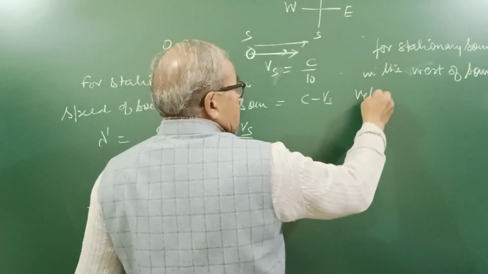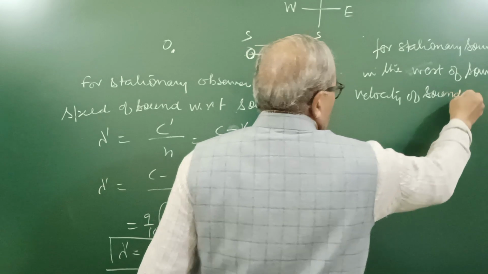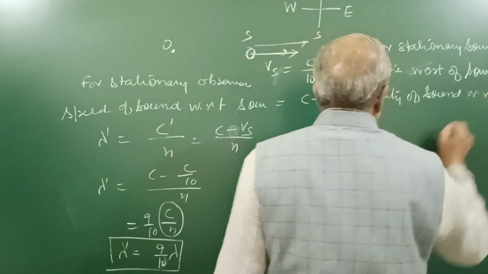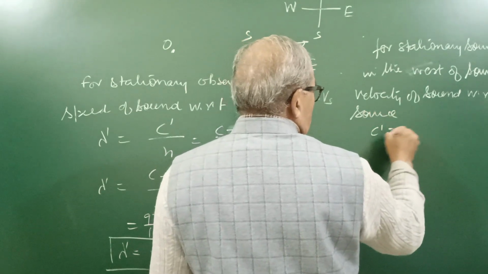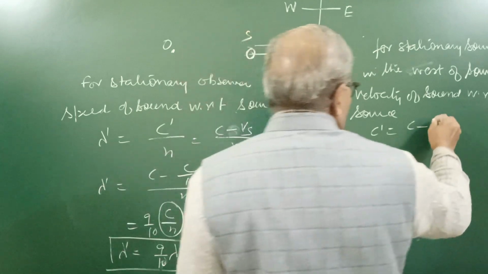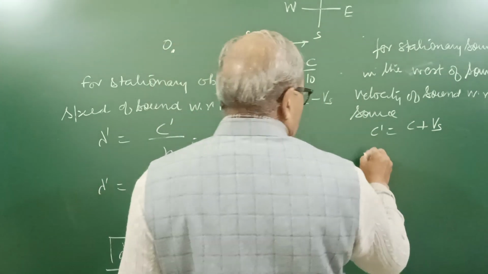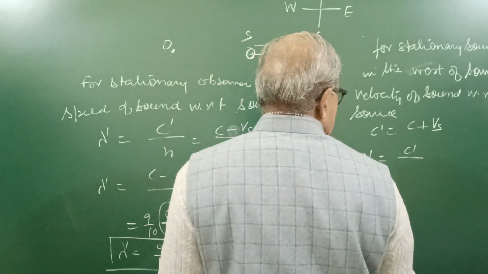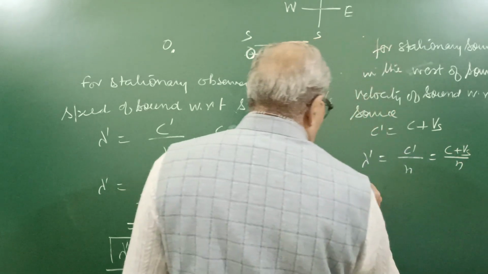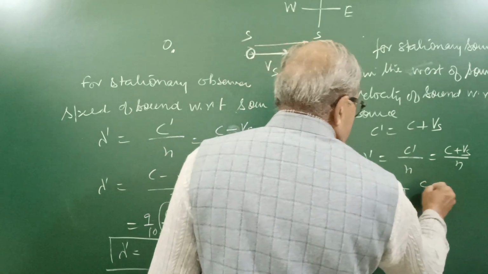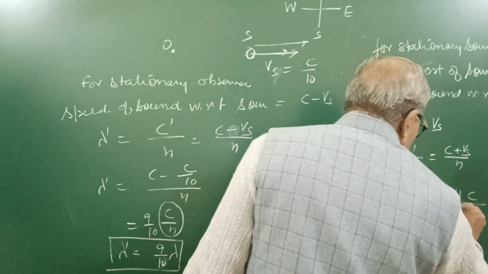So the velocity of sound with respect to the source, c dash equal to c plus Vs, sorry, plus Vs. And therefore lambda dash equal to c dash upon n, that is c plus Vs upon n, or lambda dash equal to c plus c by 10 upon n, that is 11c by 10 by n.